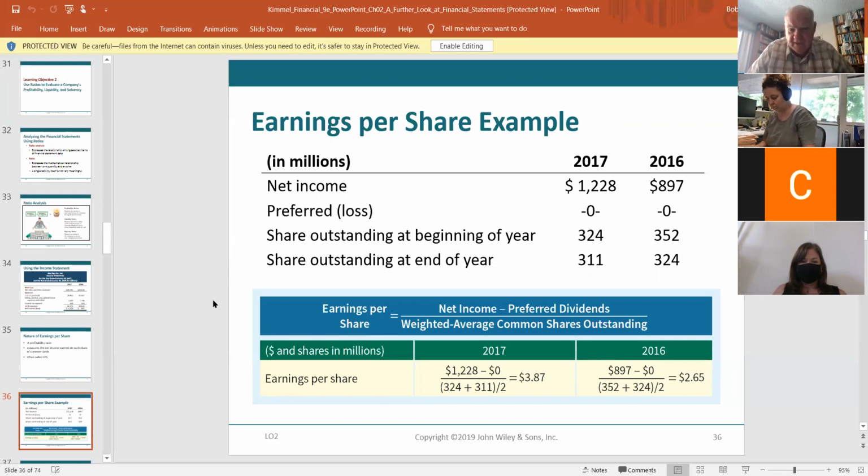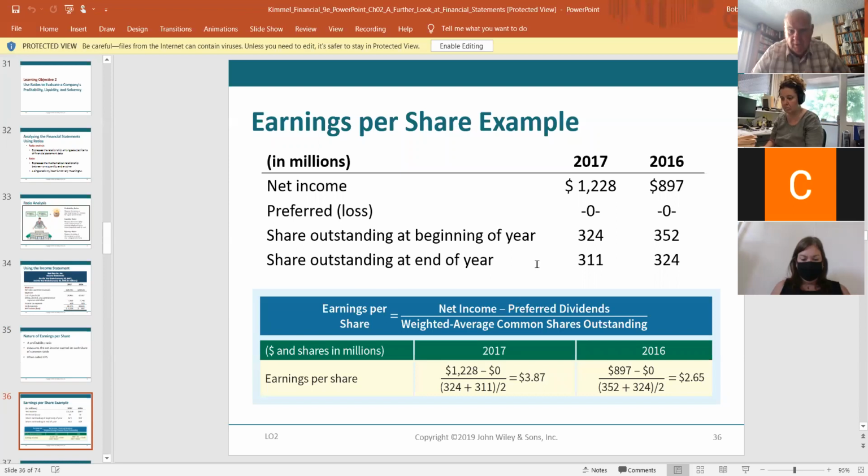So our formula is net income minus the preferred dividends divided by the outstanding shares, the average. The average outstanding number is going to be the number at the end of 1 year and then the amount at the end of the following year. So let's take a deep breath here. Let's look at 2017. The earnings were $12.28, and this company has no preferred dividends, so we don't have to worry about that.